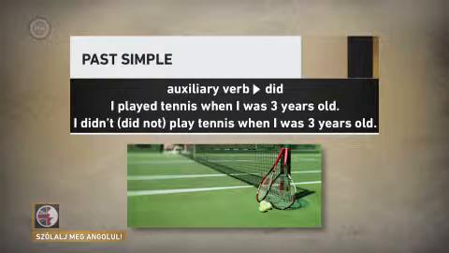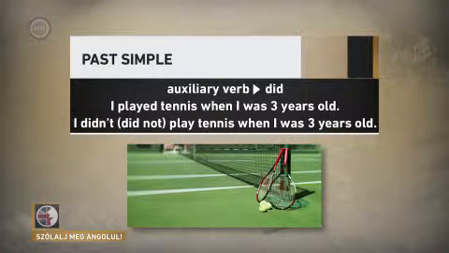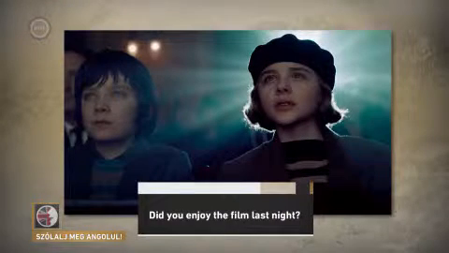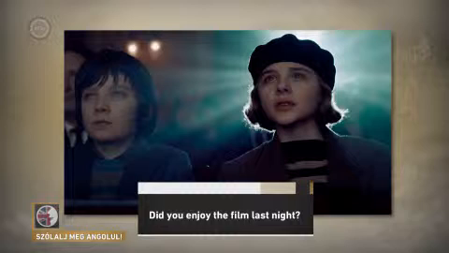We can see the same thing happen when we make questions in the past simple. Once again, we need to use the past simple form of the verb to do as an auxiliary verb. Did you enjoy the film last night?